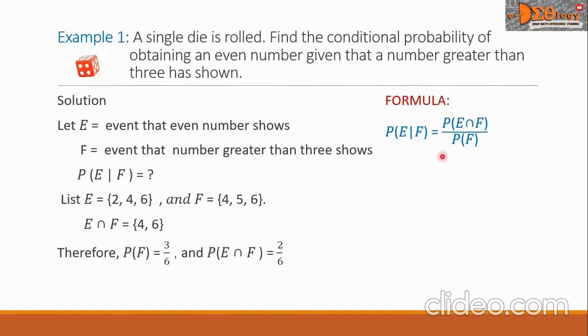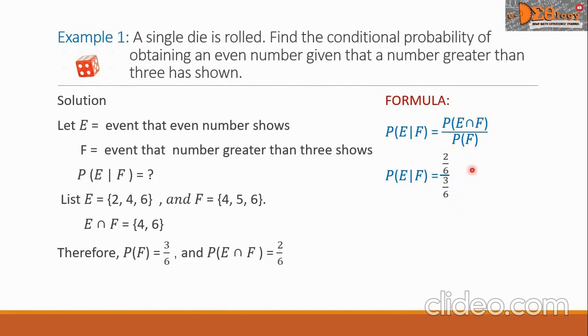Now we write our formula and we will do the substitution. In our numerator, the P of E intersect F is 2 over 6, and in the denominator, the P of F is 3 over 6.